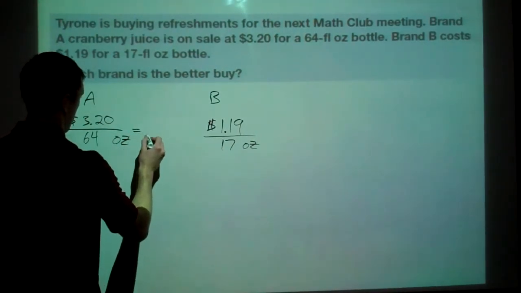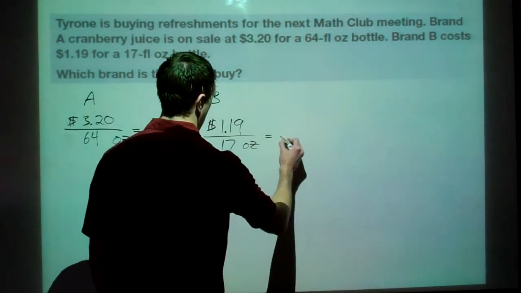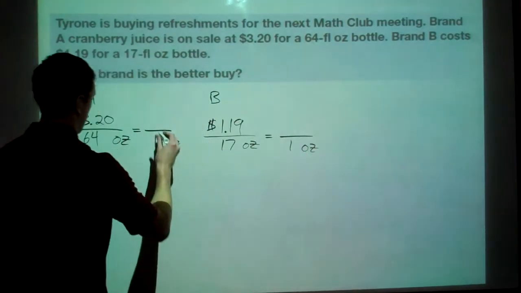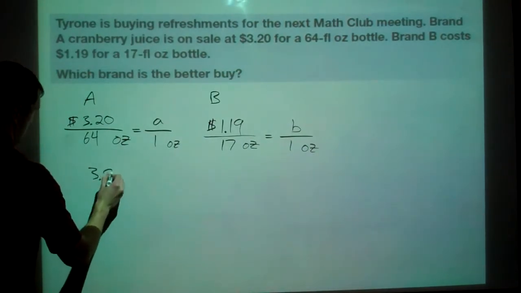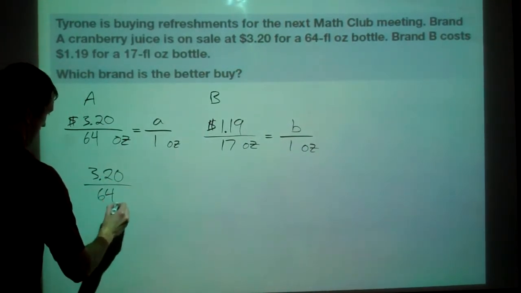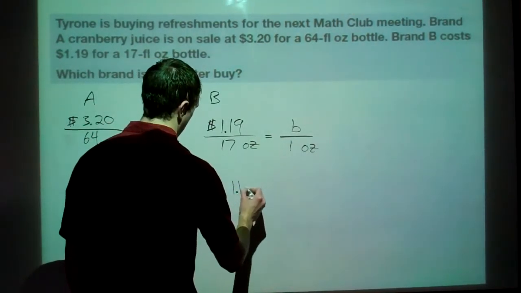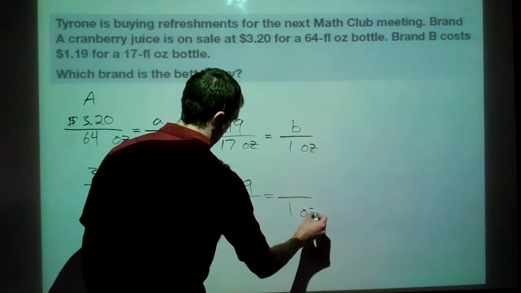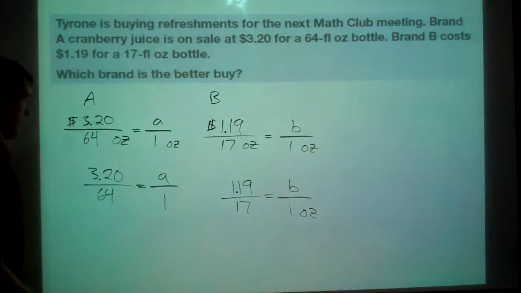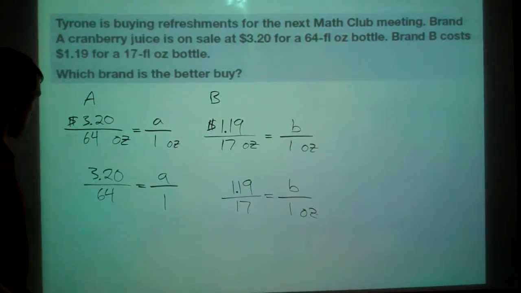If we solve these proportions, we'll call this A and B. So really, if we solve 3.20 over 64 equals 1 over A, and if we solve $1.19 over 17 equals 1 ounce for B. If we go ahead and solve for A and B, we should be able to figure out what the better buy is, okay? And we would go from there.